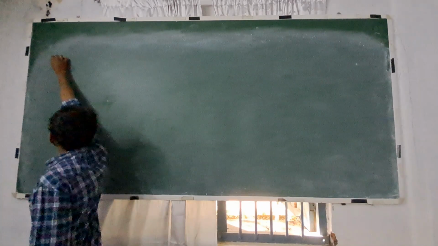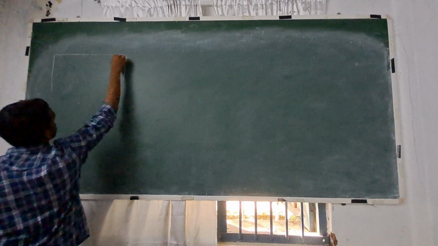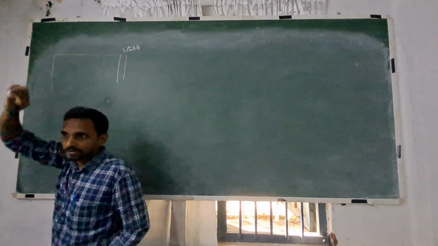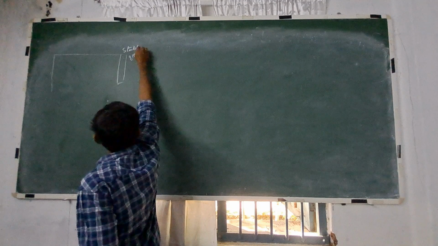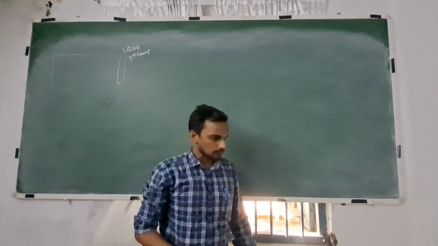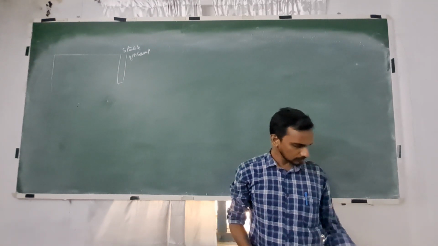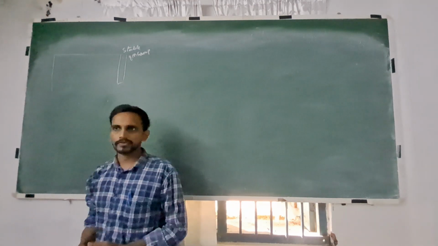Means what? 8 group elements. Why are 8 group elements stable? Fully filled electronic configuration.